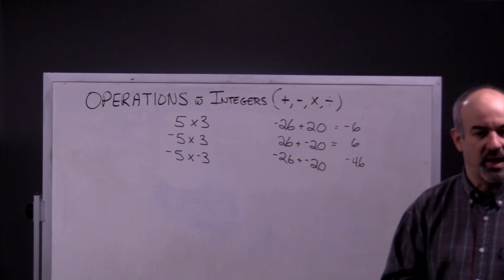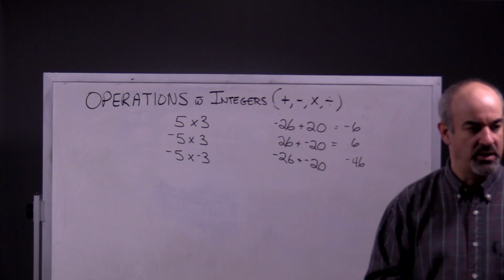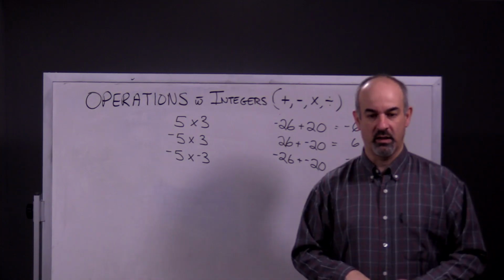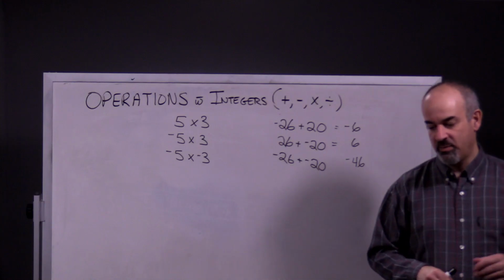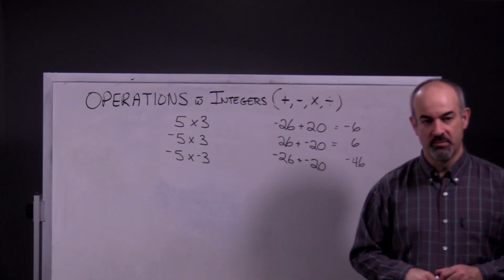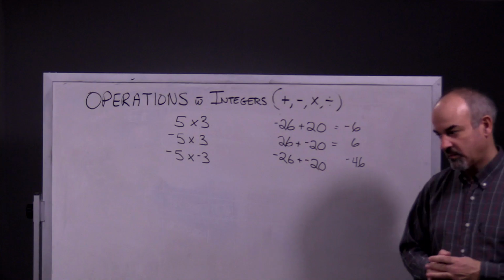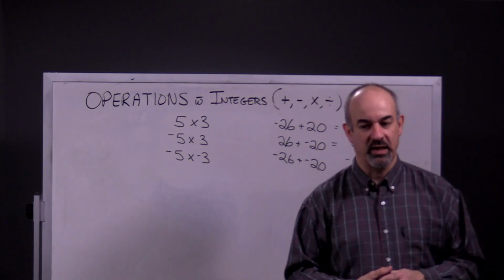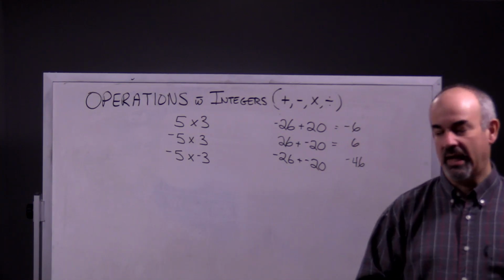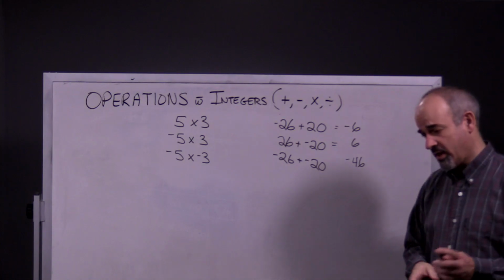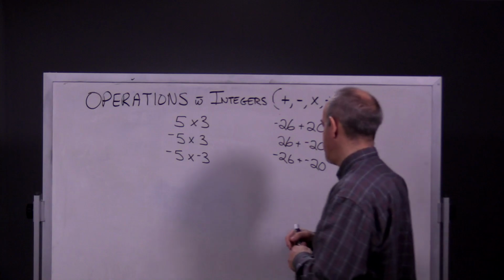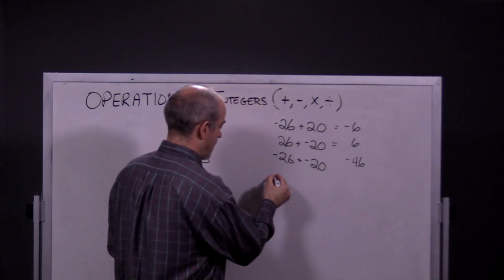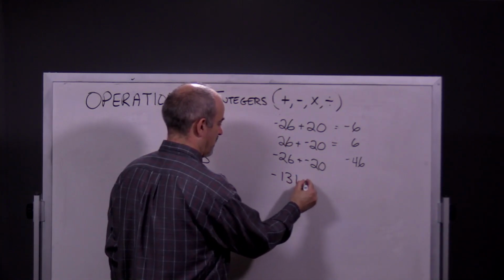So I mentioned that in the last video, but I just wanted to make sure I clarified it. I don't expect people to draw pictures. Like if I asked you to add negative 131 plus 29, you don't have to draw that out. Let's do that problem: negative 131 plus 29.